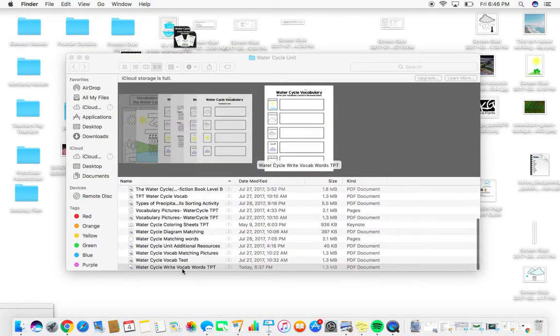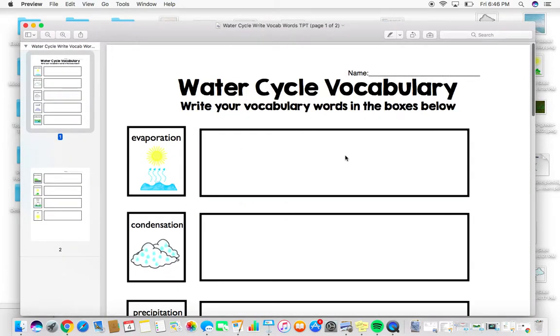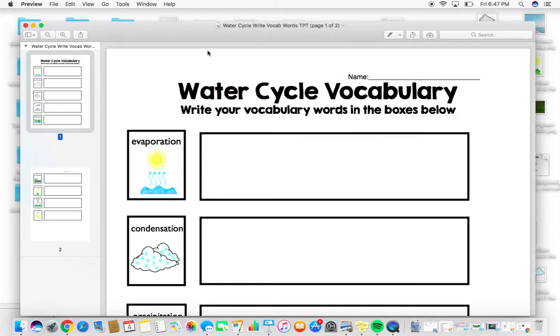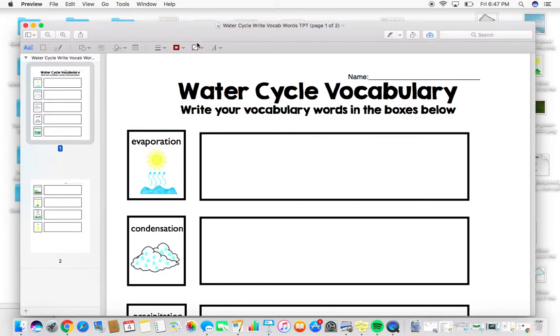You've then got a page where they can write their vocabulary words if they need to trace. A good thing to do is to write in highlighter in the box, and then they can trace over that, or if you use Preview or a similar thing to look at PDFs, you can just go in and add text wherever you want if you have a font that has the dots that they trace over.